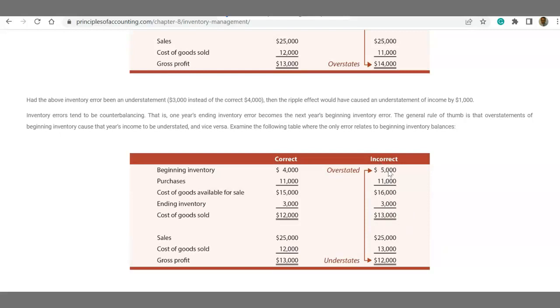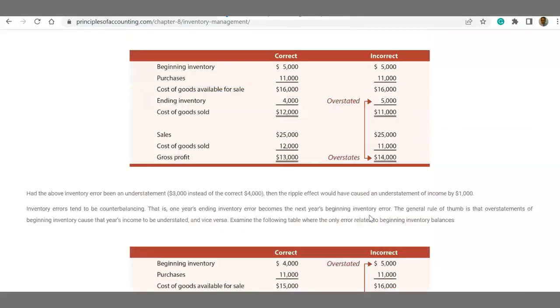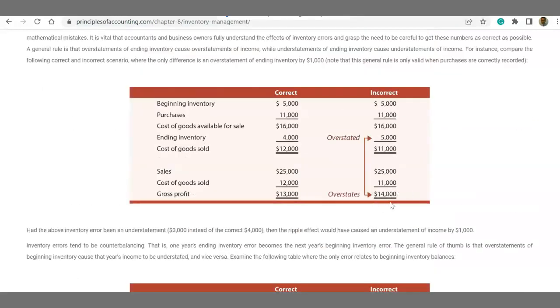The beginning inventory is overstated, which means cost of goods sold will be overstated compared to the correct version. And because cost of goods sold is overstated, your gross profit will be understated. And that understated gross profit will clear this issue that was overstated here.